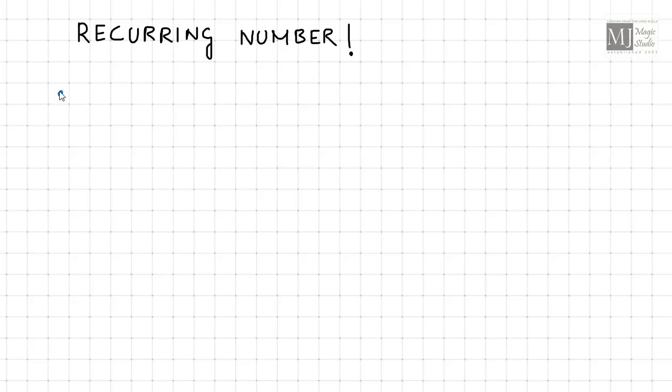So first, the basic idea about how to convert a recurring number into a fraction. Suppose I have 0 dot a, with recurring on a. This is actually written as a by 9. Quickly I'll go through why. Let x equal 0 dot a recurring, which means it is just moving till infinity.